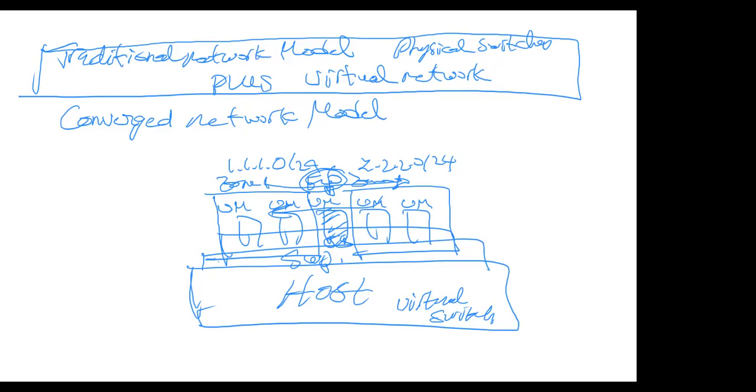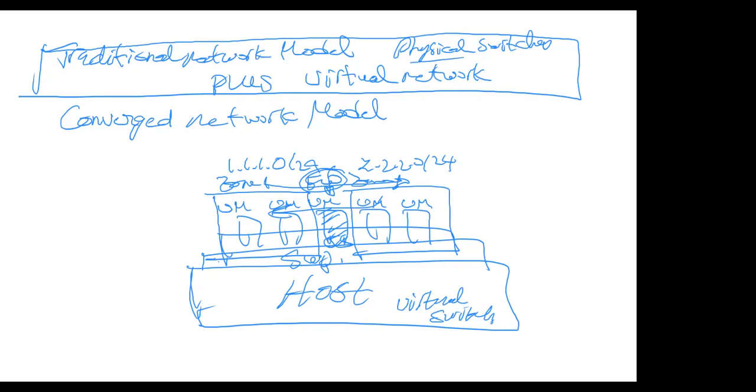The convergent network model will be a different concept. It combines storage and data, or let's say the data network with the IP network. The traffic of storage with the data in one virtualized design. All of it runs in a virtualization model.